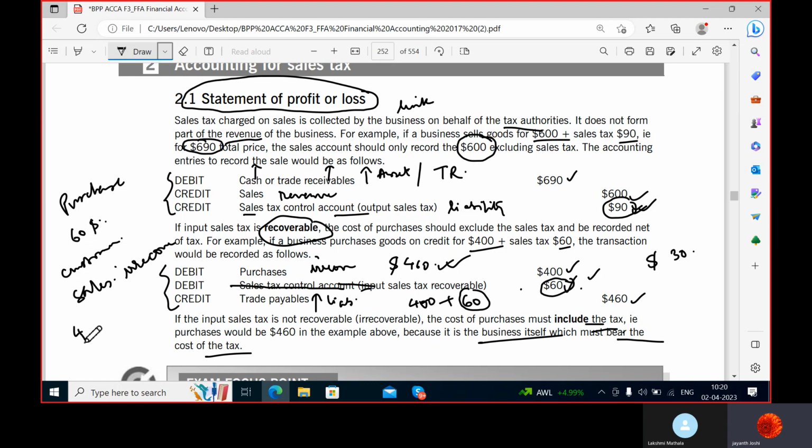So instead of showing a purchase of 400, now we'll show a purchase of 460. So the $60 additional is to be borne by the business itself. Yes, ma'am. Definitely clear, Hamshika, or else I should explain again. I'm clear, ma'am. Okay.